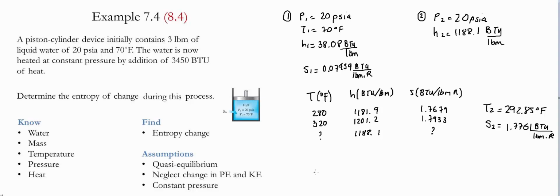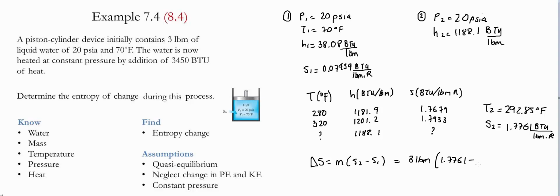Now that we have the final value of the entropy, we could find the total change of entropy during this process. That is simply going to be the mass times the difference between the specific entropies that we calculated. So we have that the mass for this process is 3 pound mass. The final entropy is 1.7761.